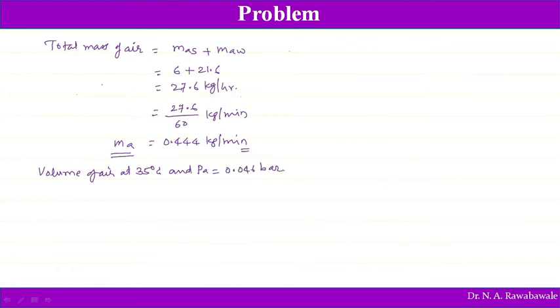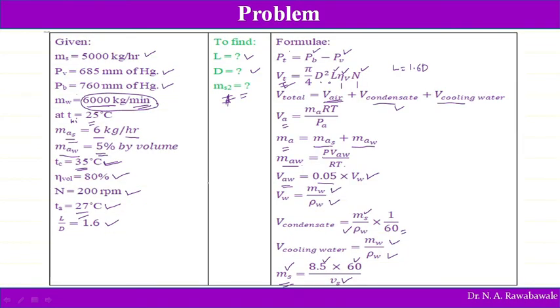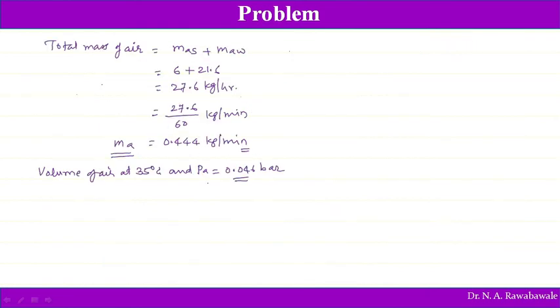The partial pressure of air which we have obtained here is 0.046 bar.